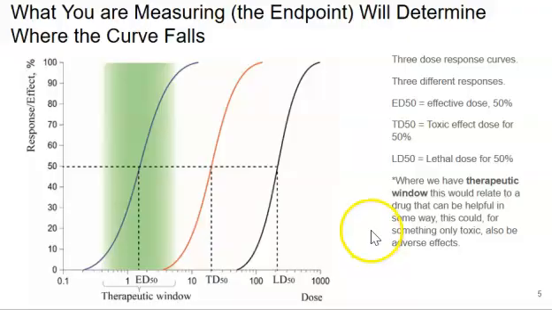Instead, your endpoint could be a toxic effect. So it could be some other measure like loss of some function or change in temperature or some other toxicity, inability to reproduce. There's all sorts of different toxic endpoints besides lethality.